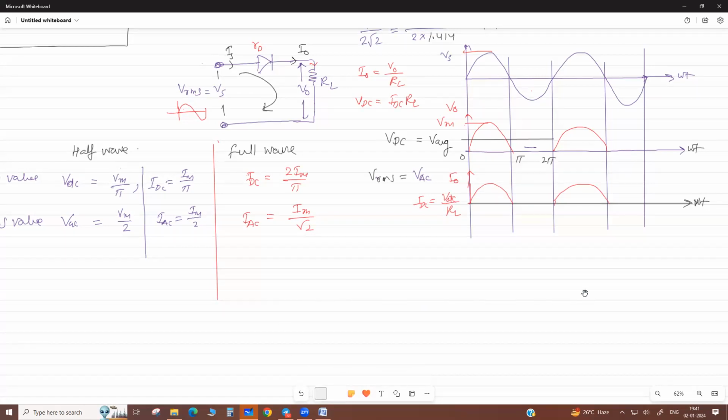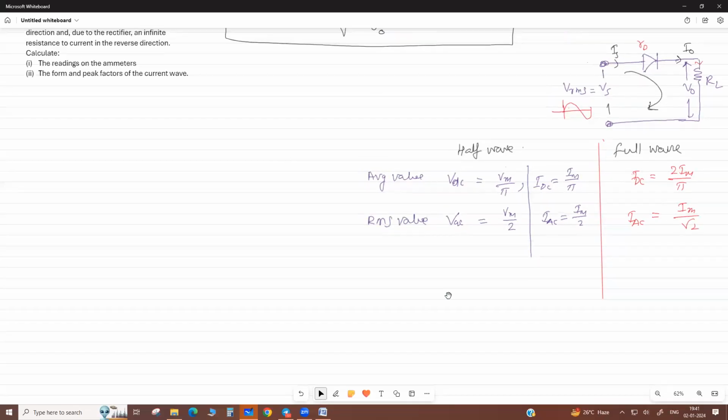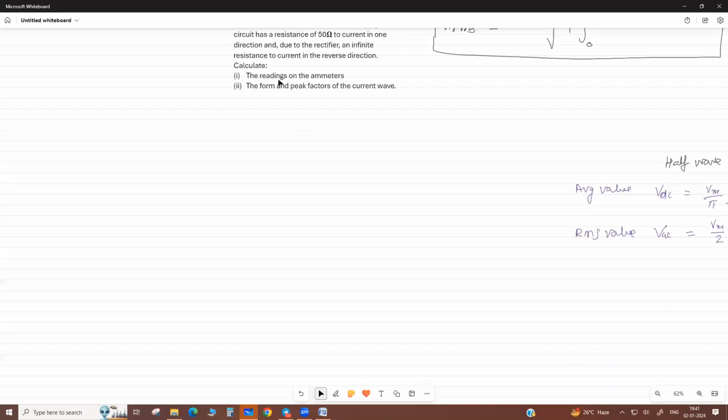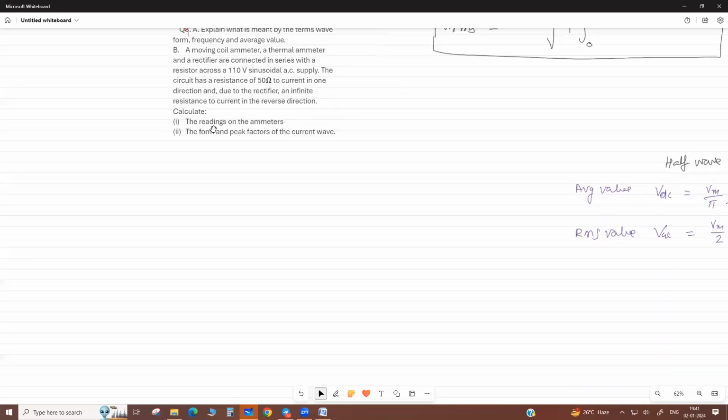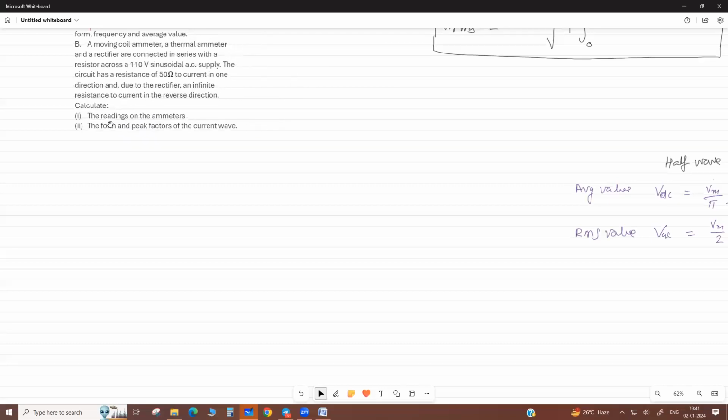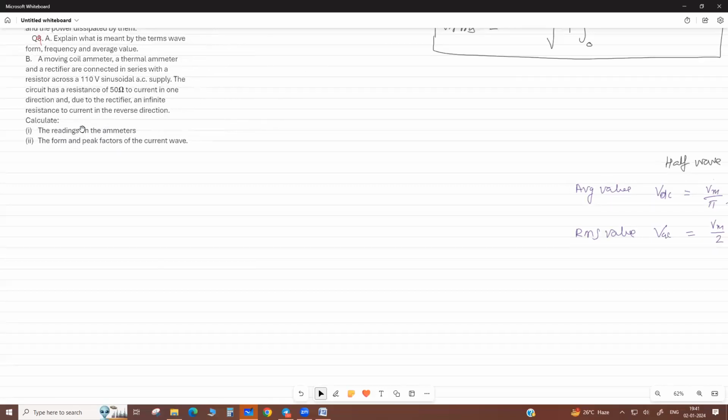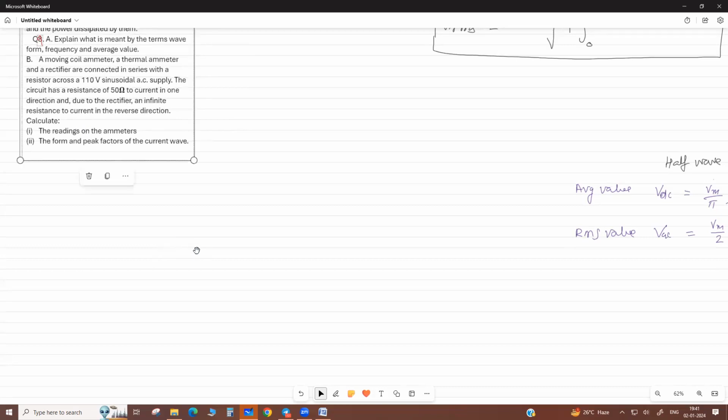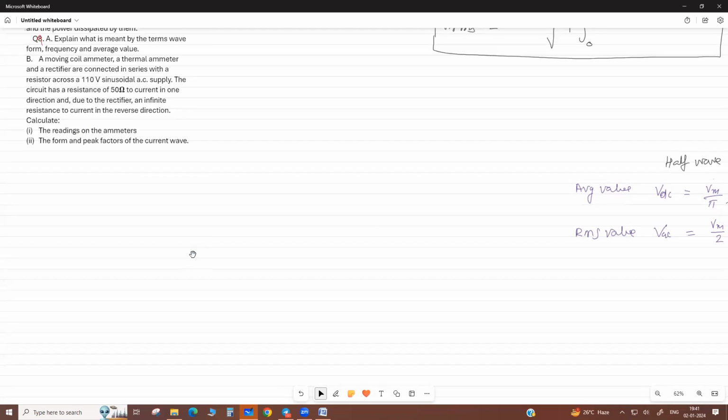Now we come to the question. Now you know the instruments we have: moving coil PMMC type, thermal type and rectifier type.